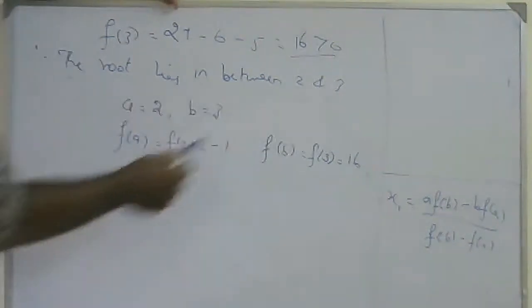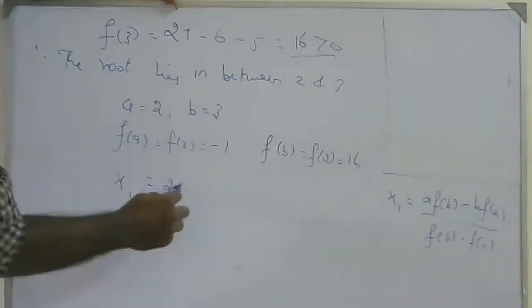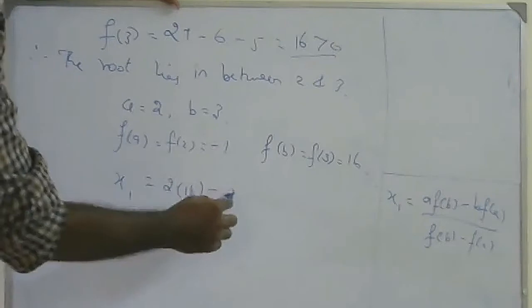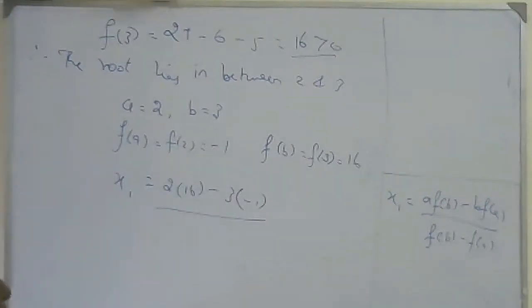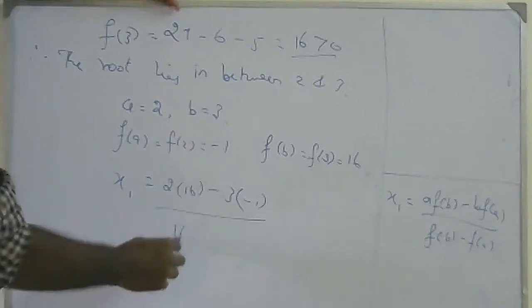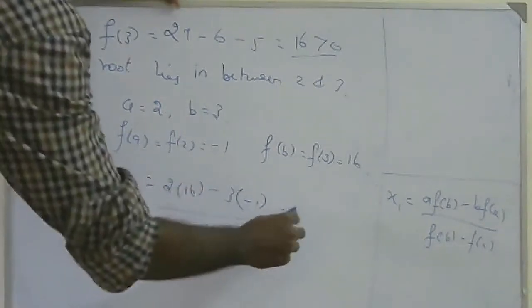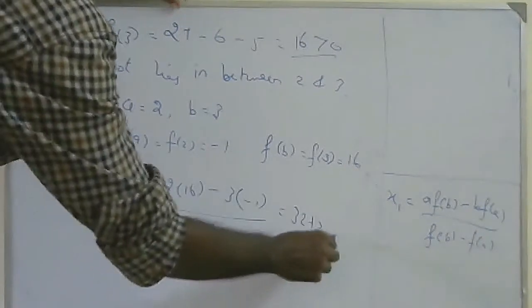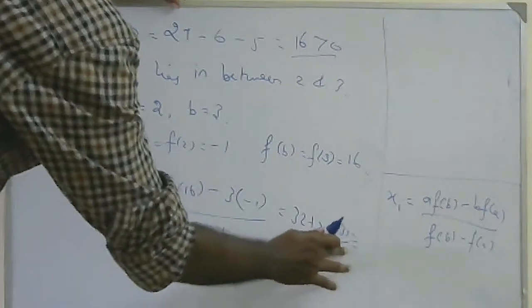X1 equals A into f of B, A is 2, f of B is 16, minus B into f of A, that is 3 into minus 1, divided by f of B minus f of A. So 16 minus minus 1 is plus 1, so 32 plus 3 divided by 17. So 35 by 17, approximately 2 point something.